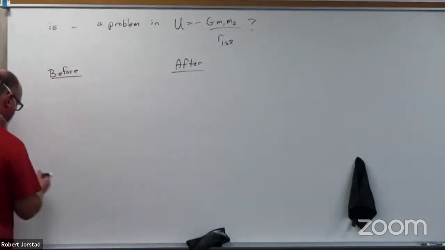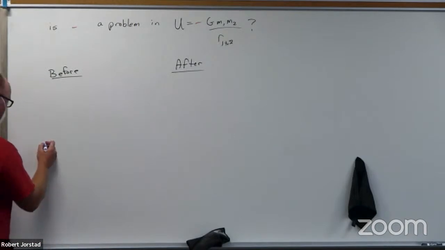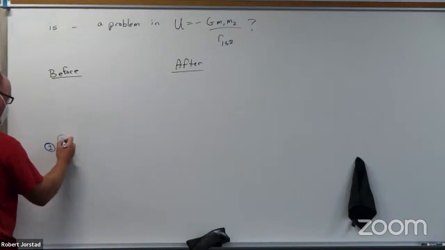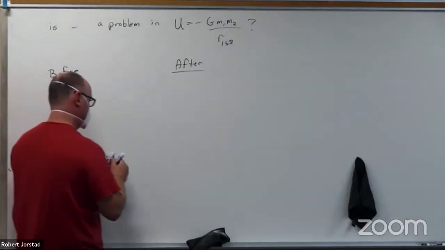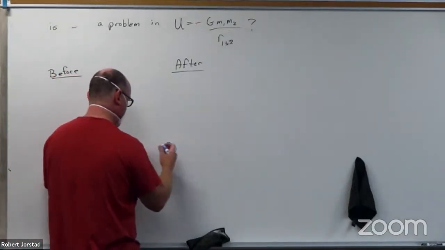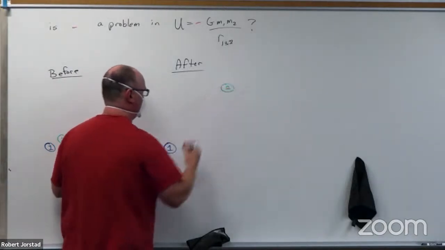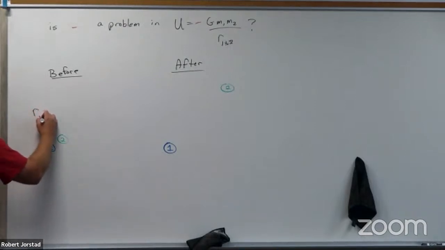Okay. Let me give you a before and an after picture. All right. So let's say we have blue one here and a green one right here. That's the initial state. Let's say one doesn't move and two goes way over here. All right. Over here, I might say R12 initial.